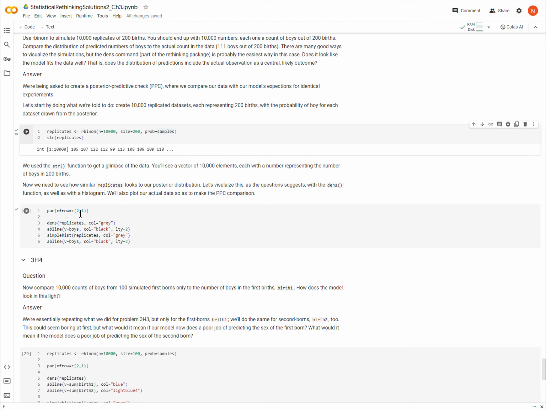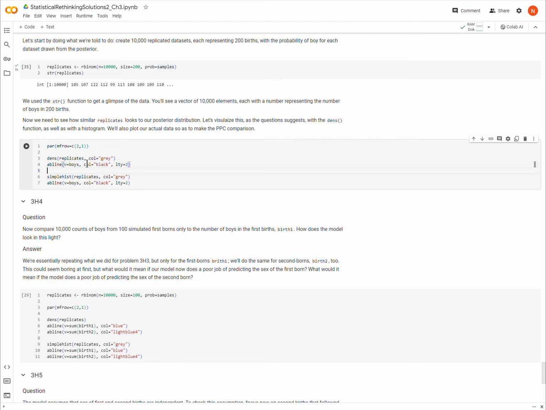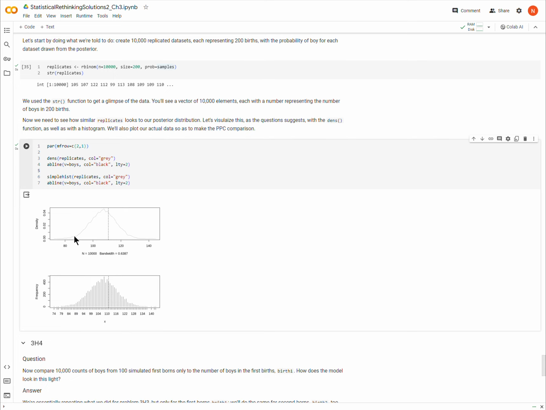And so we're just simply asked how close does our data look compared to what we're generating here. So I'm going to simulate in 2 ways. One by the way that is suggested by the question with this DENS function, and then also a histogram, and you'll see what they look like here in a second. So here is the histogram of my posterior predictive distribution. Again, watch the earlier videos if that term is unfamiliar, and here that same distribution is in terms of a histogram.